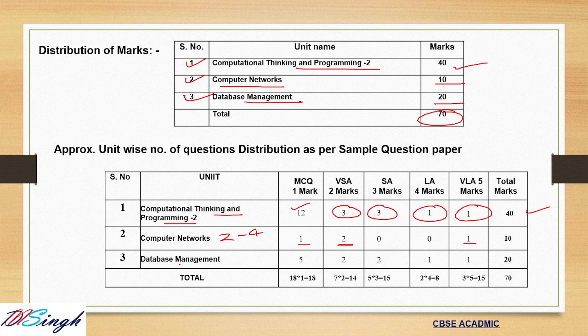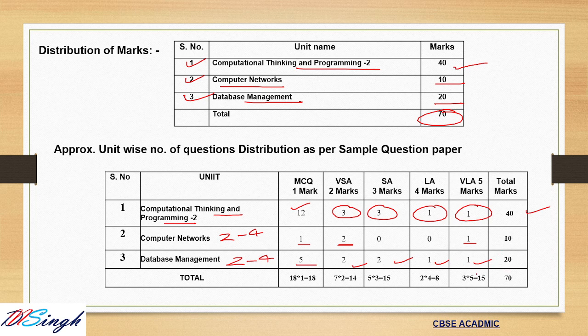And in database management, we have 5 questions from the database management topic in our sample question paper, which is quite large. Again I can say in the final paper it is obvious that you will have 2 to 4, or you might have 5 also. Then you have 2 questions from the very short answer section, 2 marks, and 2 questions for 3 marks, 1 question for 4 marks and 1 question for 5 marks.